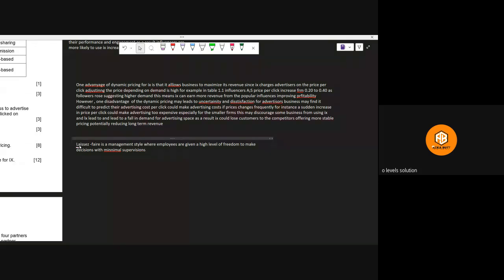And here we know that Kamal uses this approach to manage IX's 30 employees across different departments.